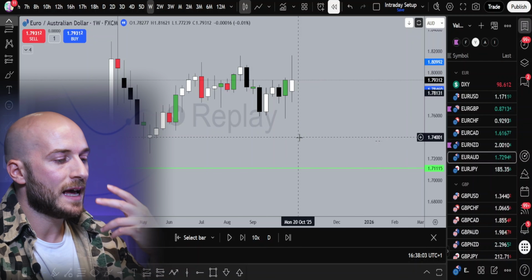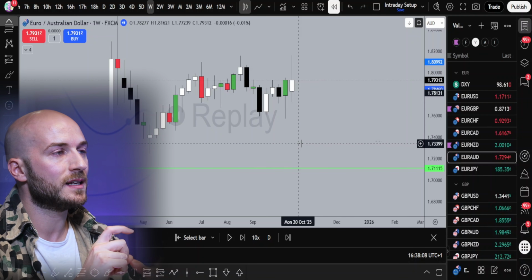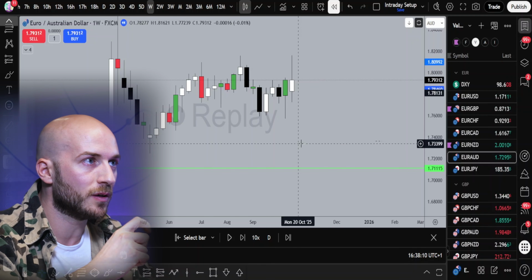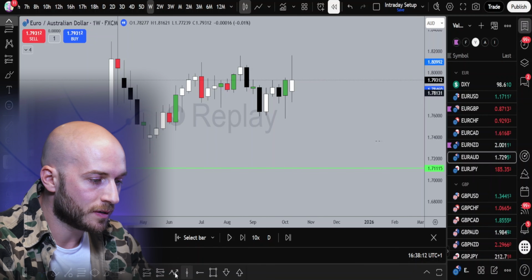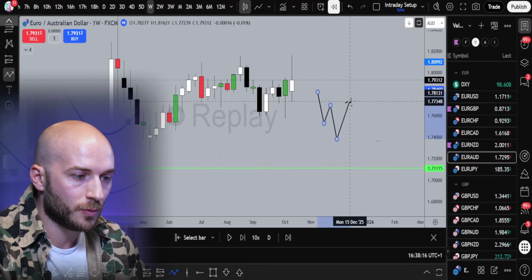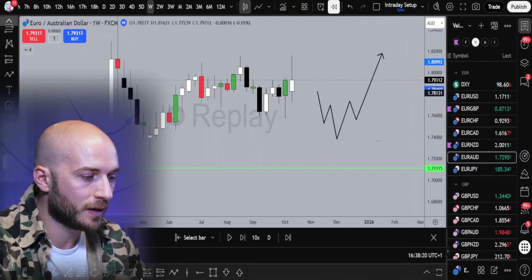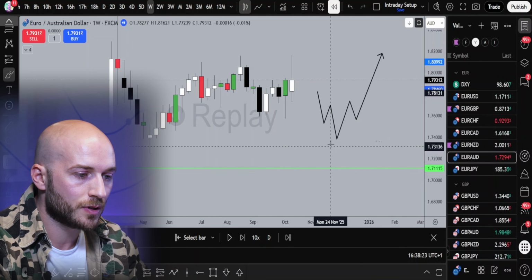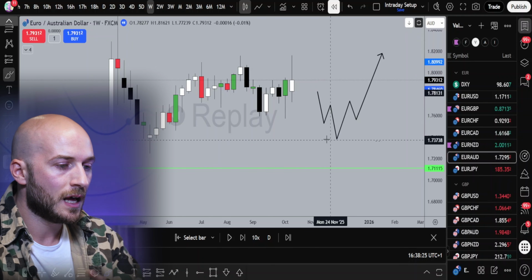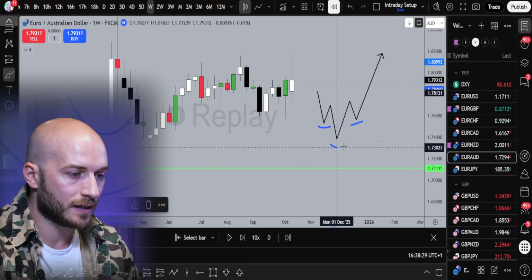So as you think about swing low and swing high, this is an anticipation of a swing low or a swing high. A swing low is a point where the other two lows on the left and on the right side are higher.